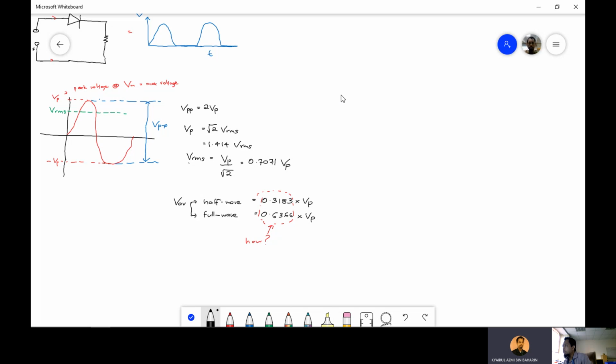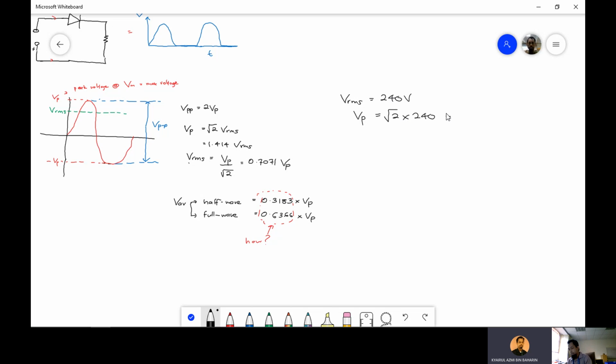So our supply VRMS is equal to 240 volts. If I were to ask you what will be the value of the V peak, from the equation here, V peak is going to be root 2 multiplied by 240.